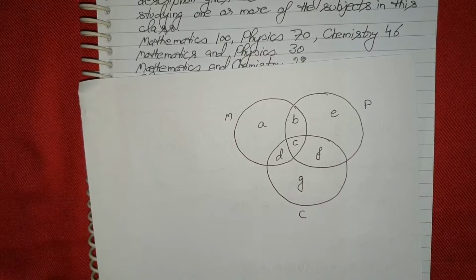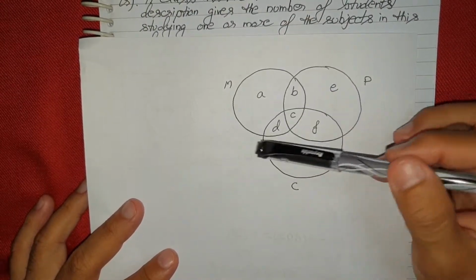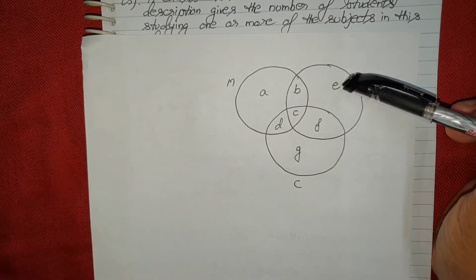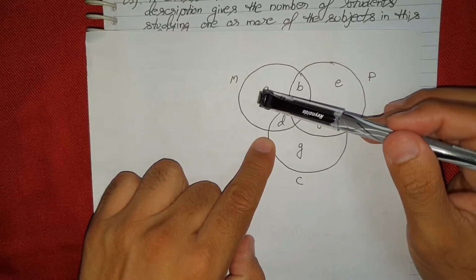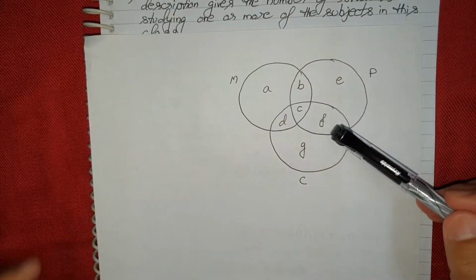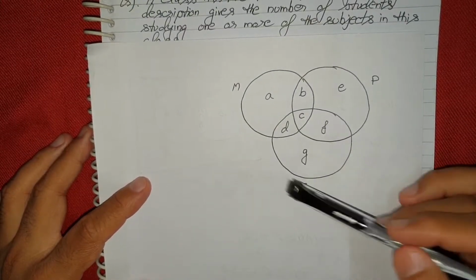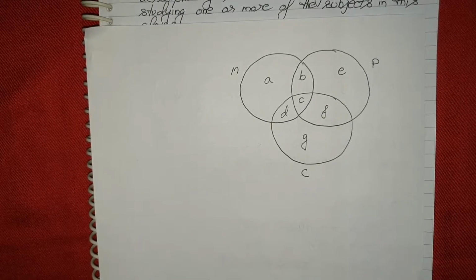They have their usual meaning. A represents the number of students who have only maths. B represents both maths and physics. E represents only physics. D represents both maths and chemistry. F represents both physics and chemistry. G is only chemistry, and C is the number of students who have all three: mathematics, physics and chemistry.